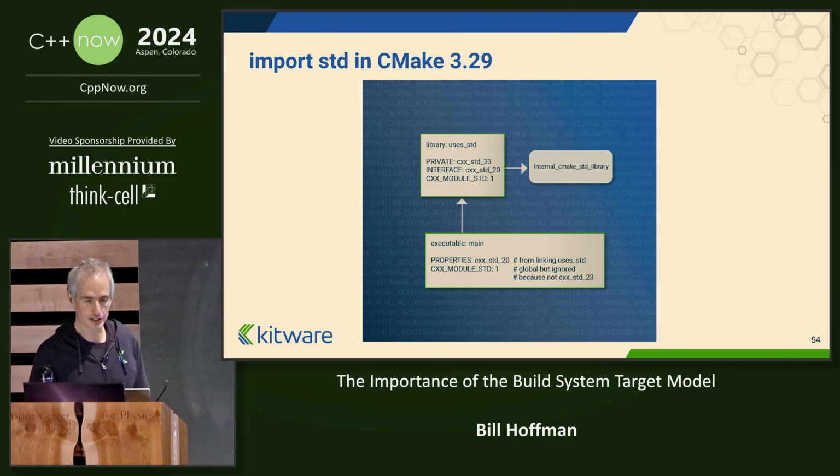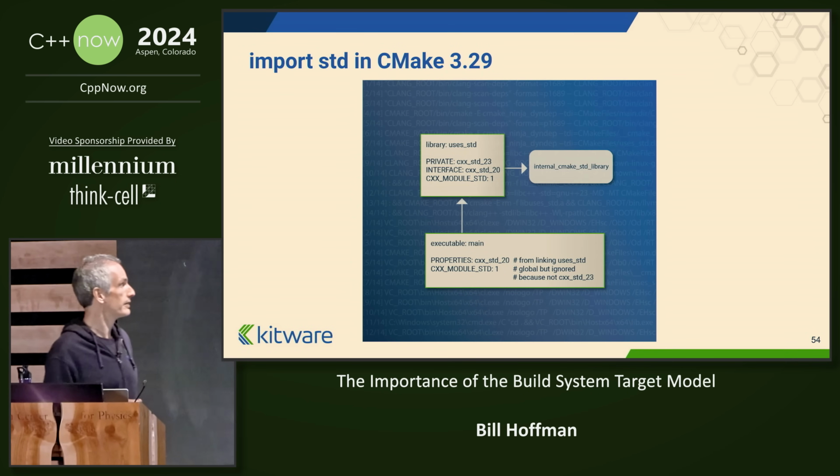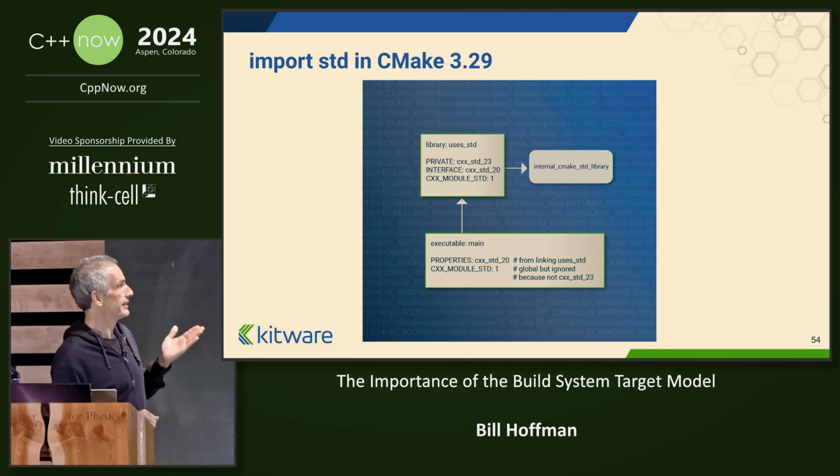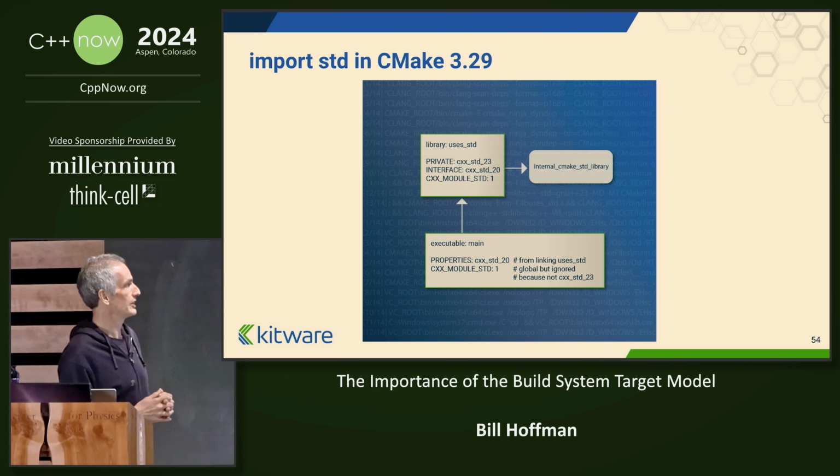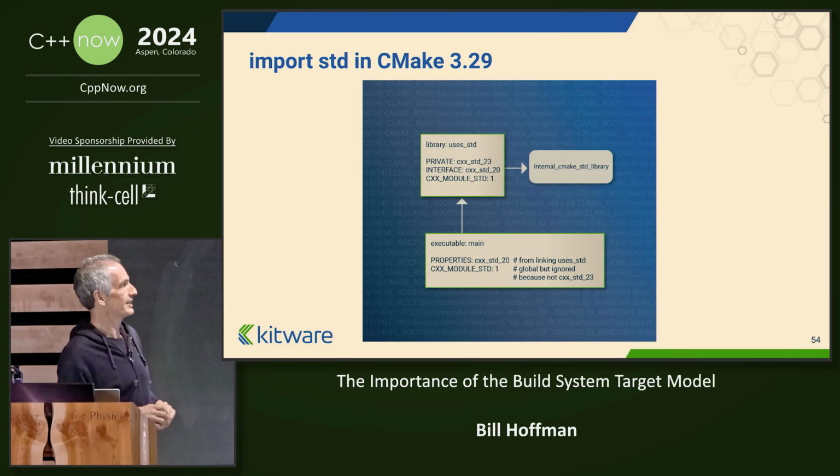So internally, what happens is I've got my library uses std, which has a private building C++ standard 23, the interface C++ standard 20, and CXX_MODULE_STD set to 1. My executable has C++ standard 20.